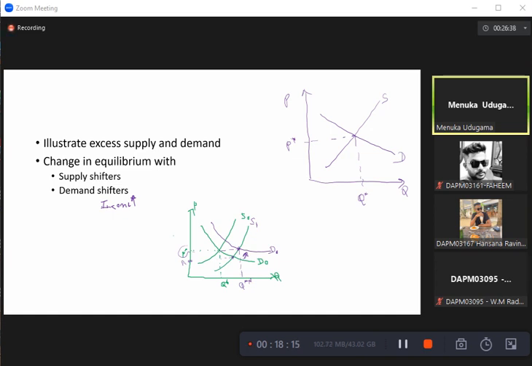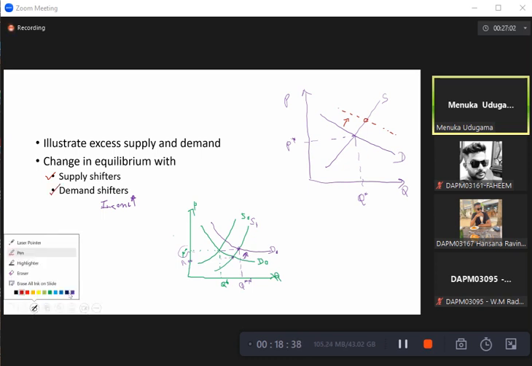So what would happen first, initially, if the income increases, that will shift the demand curve for certain goods. You start by shifting the demand curve and calculating the new equilibrium. Similarly, you can look at what would happen to the market equilibrium if there are any external factors involved that would shift the supply curve or shift the demand curve.